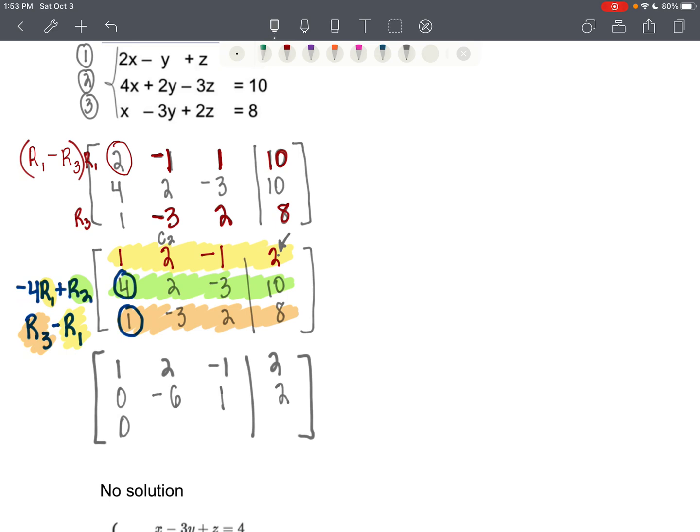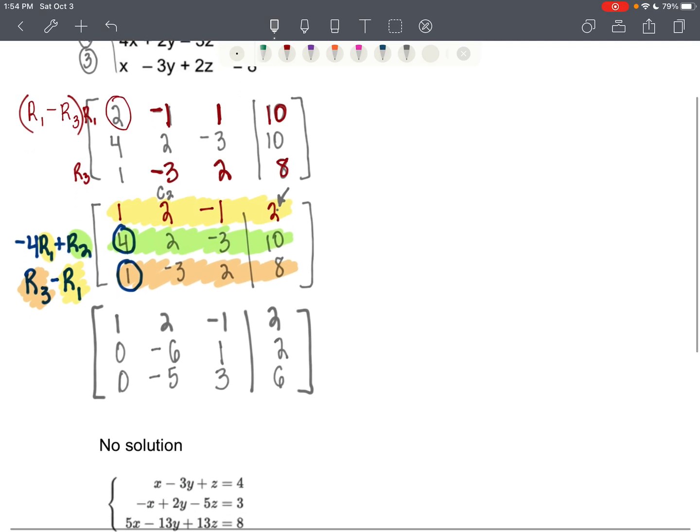Orange -3 minus yellow 2. So -3 minus 2 is -5. Orange 2, we're in column 3. Orange 2 minus yellow -1. 2 minus -1 is +3. Orange 8 minus yellow 2 is 6.